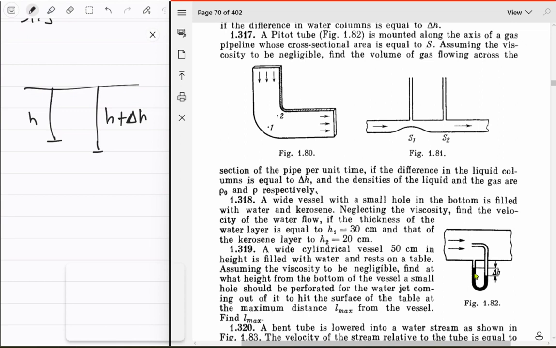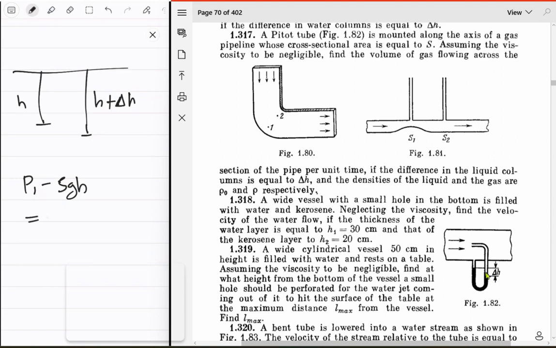So applying Bernoulli's equation at this point and that point. At this point, I don't know what pressure you have. Just call it P1. So just have P1, and this is at what height? So it's, okay, depth, I should say. So P1 minus rho g h. There's no speed, right? This is equal to what? At this point, you might have just P2. So P2 minus rho g (h plus delta h).